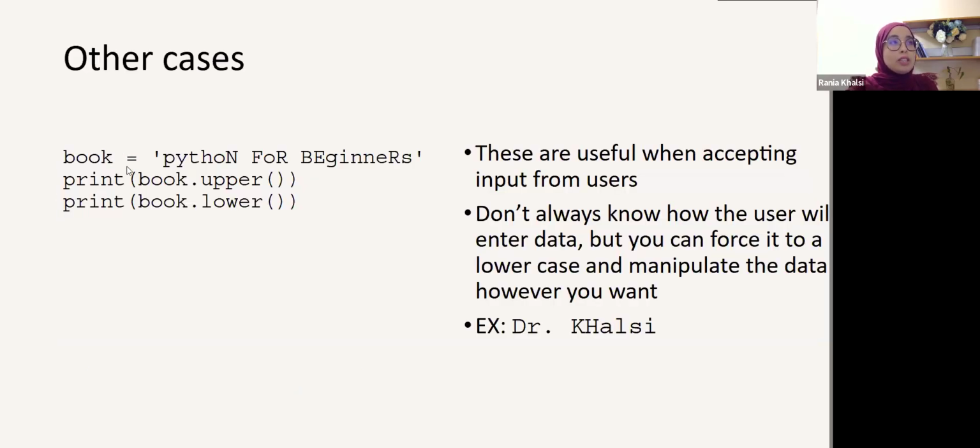Now let's take other cases. It's not only the dot title method that could be useful. There are several other methods available that deal with strings. I already mentioned the upper method and the lower method. You can change a string to uppercase, and you can change a string to lowercase.